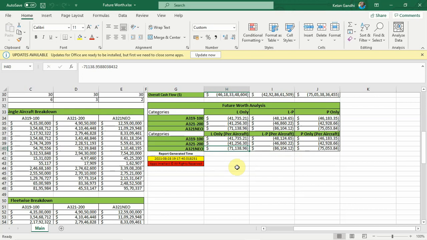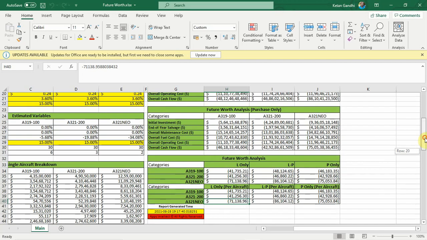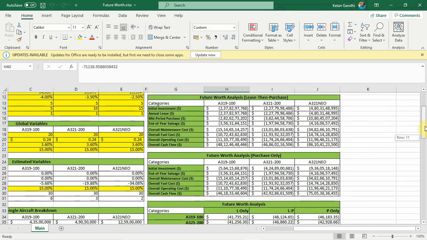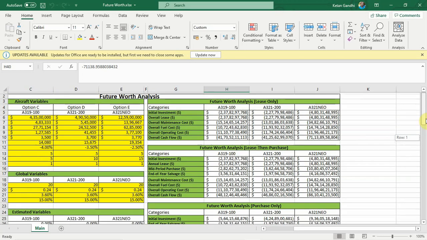For the A320 Neo, we've got 711 million 3,896,000. So this is after the study period of 30 years that we are getting these future worth values.